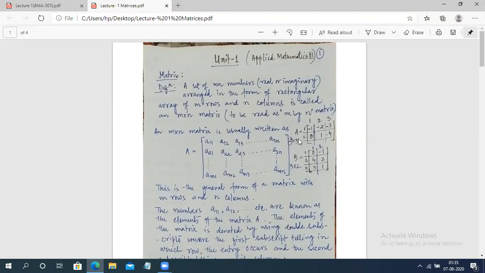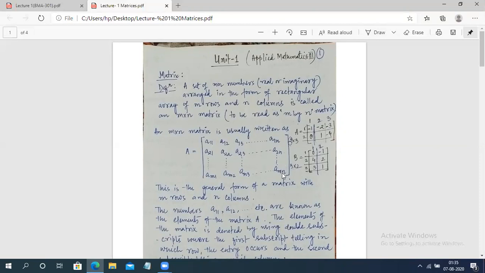Now in general, if we write a matrix of order m by n, that means it has m rows and n columns. m and n can be any numbers, but these numbers are written in a rectangular form.